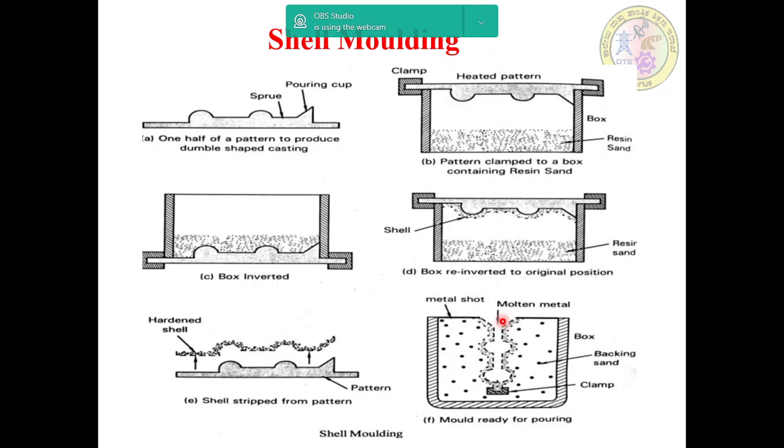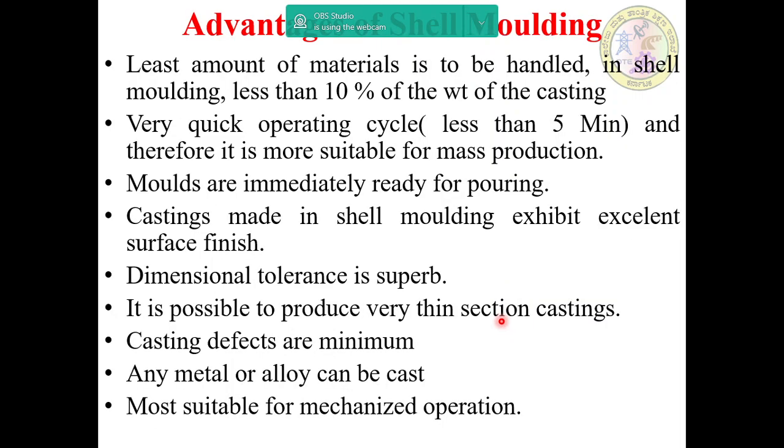And then the main advantages of this shell molding is that the least amount of material is to be handled. It may be less than 10% of the weight of the casting, and the operating cycle is very short, that is less than 5 minutes, and therefore it is more suitable for mass production. And then molds are immediately ready for pouring.